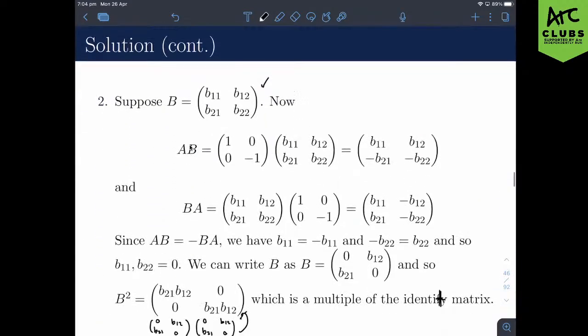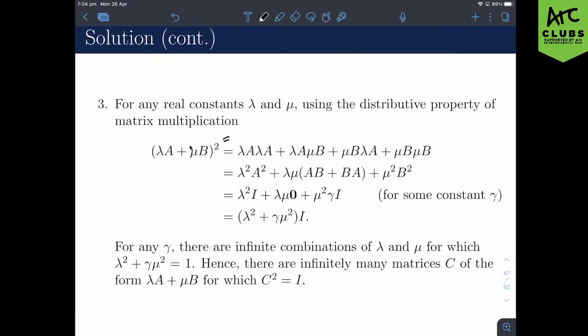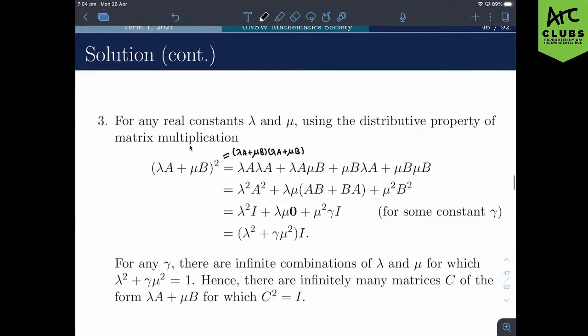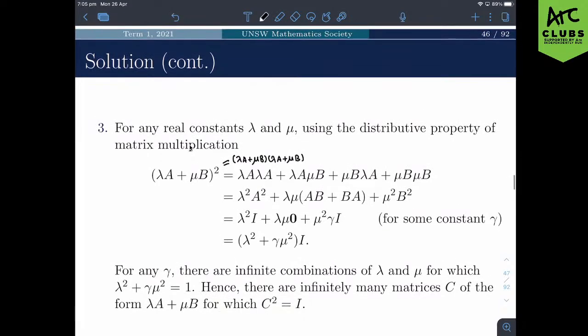So yeah, let's do that. When expanding the brackets with matrices, we want to be a bit more careful because we can't just switch the positions of the matrices around at will, because BA is not necessarily equal to AB.